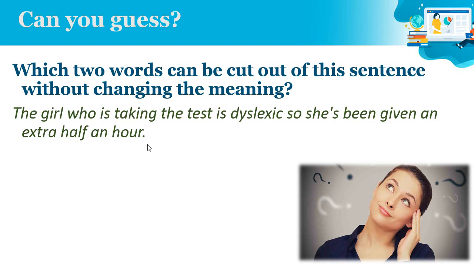So what words can be cut out here? Yes, you are right. The words who and is. So without the words who is, the meaning of the sentence doesn't change. The girl taking the test is dyslexic, so she's been given an extra half an hour.